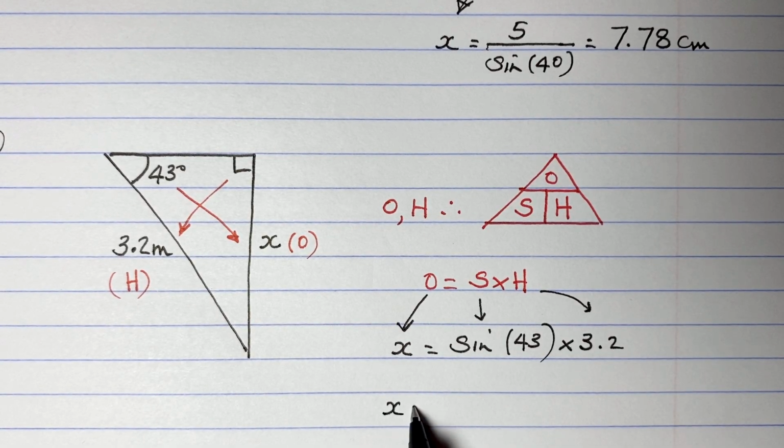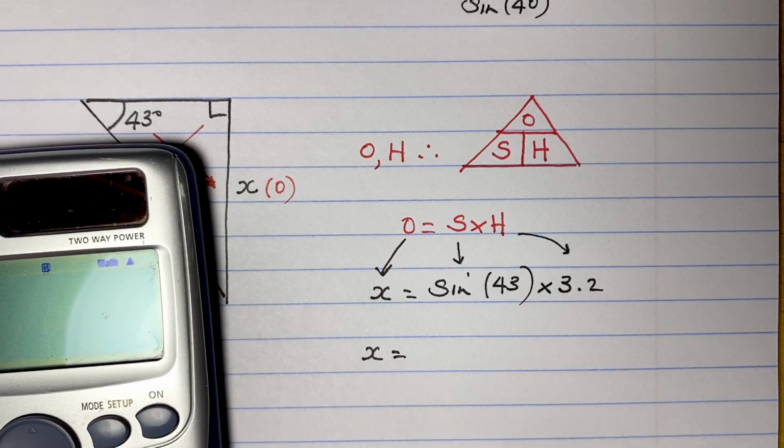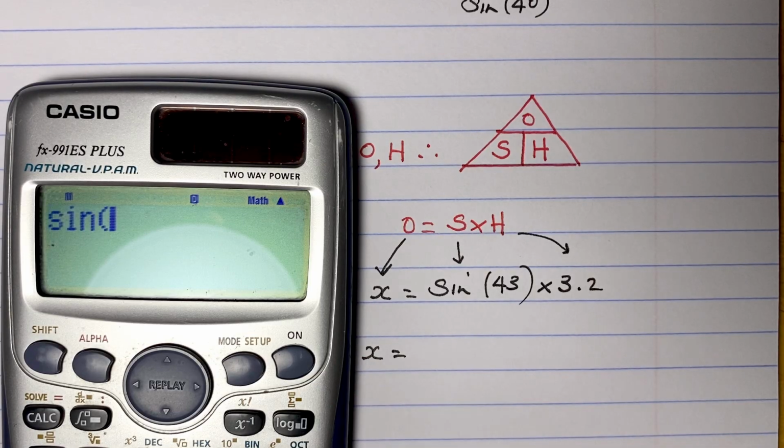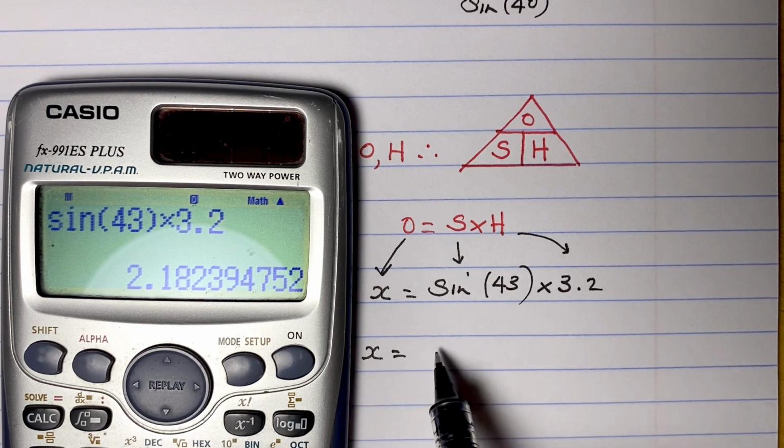The rest is done by the calculator. So here we go. You enter sine of 43. Make sure you close the bracket. Times 3.2 equals. So we have 2.18 meters.